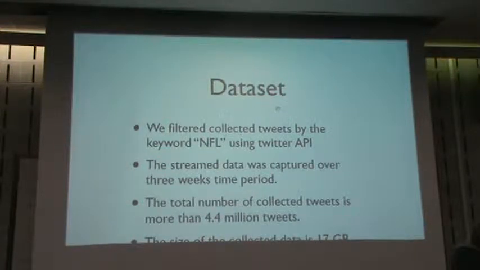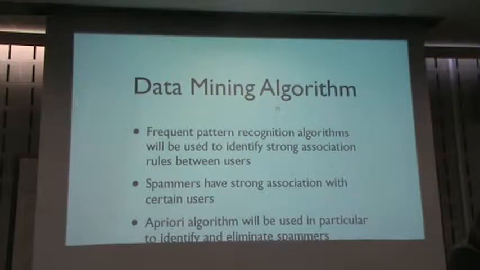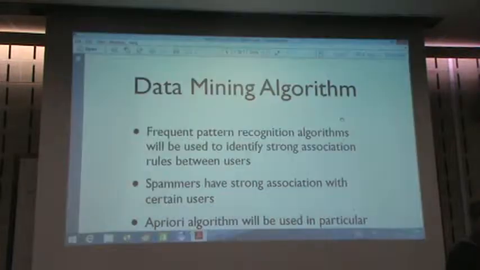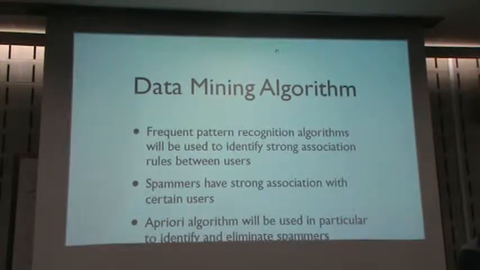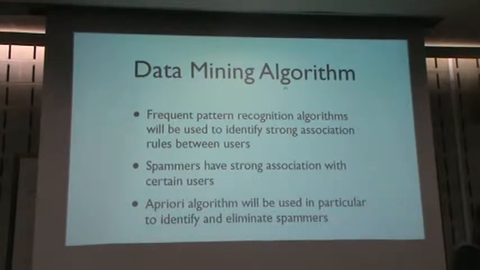So as we said, the data set is very huge. The techniques we are trying to use are frequent pattern recognition algorithms, like the Apriori algorithm or the FP-growth algorithm. We haven't decided yet. We decided on the Apriori algorithm actually. It's okay. You don't have to stick to one classifier.